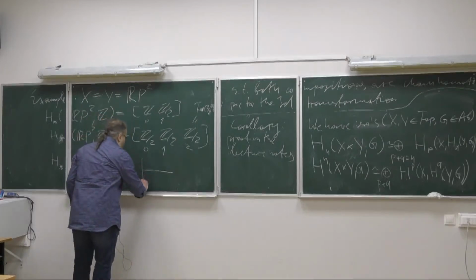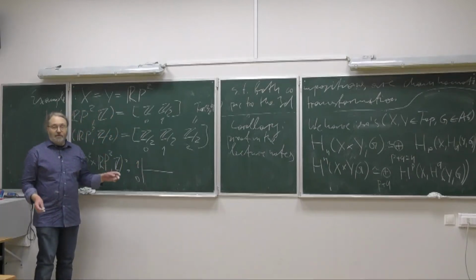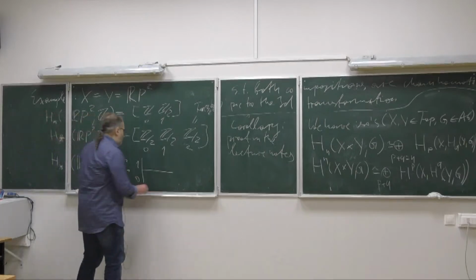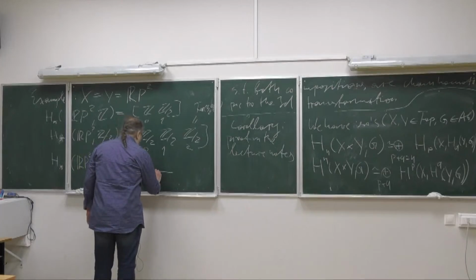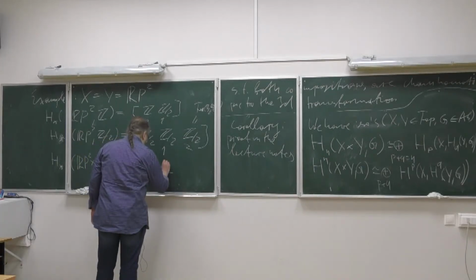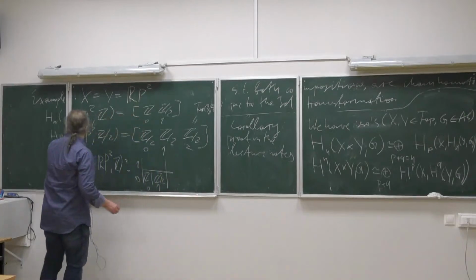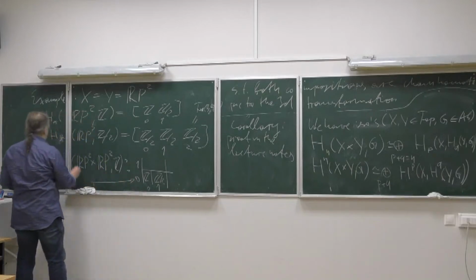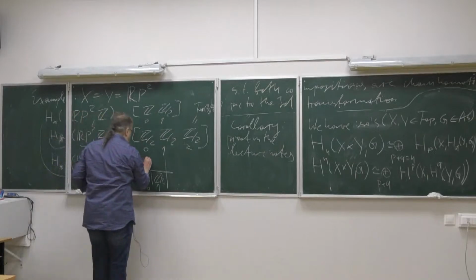So let me write down the following table. In the 0th row, I put these groups, and in the first row I will put these groups.